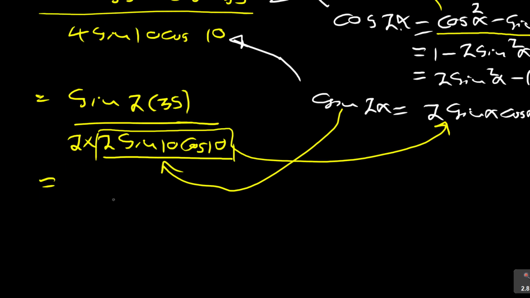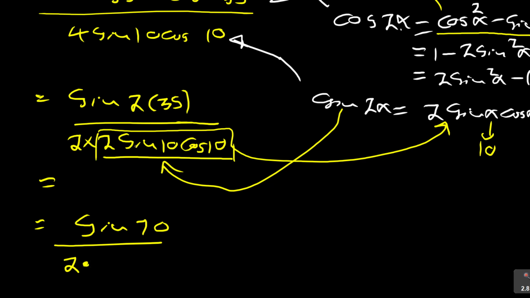So what I have here will be equal to cos 2 times 35, you know it's cos 70, over 2. Now, what is 2 sine 10 cos 10? Now, our alpha here is the 10. Do you see that? So it will be 2 times what?